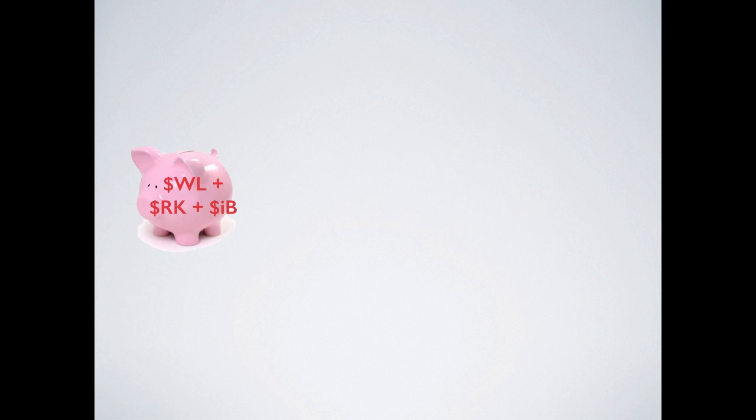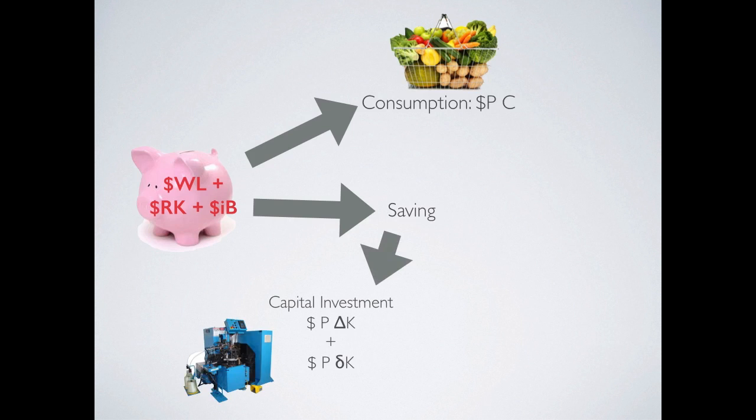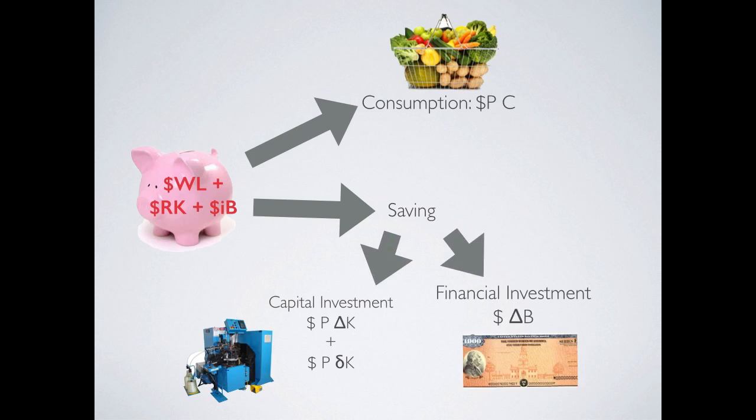And so when we have all these three income flows come together, for the budget constraint we have to think about how to spend it, which is our consumption part. And the part that's unspent will be called saving, and the saving can be divided further into capital investment and financial investment. And capital investment, we learned that it can be divided into a net investment, which is P times delta K, and the second part is the replacement investment, which is P times delta K.